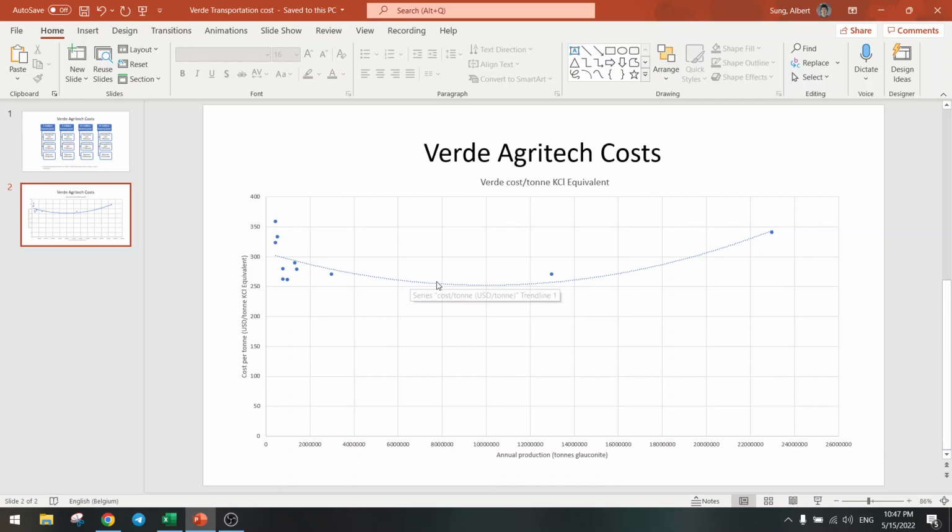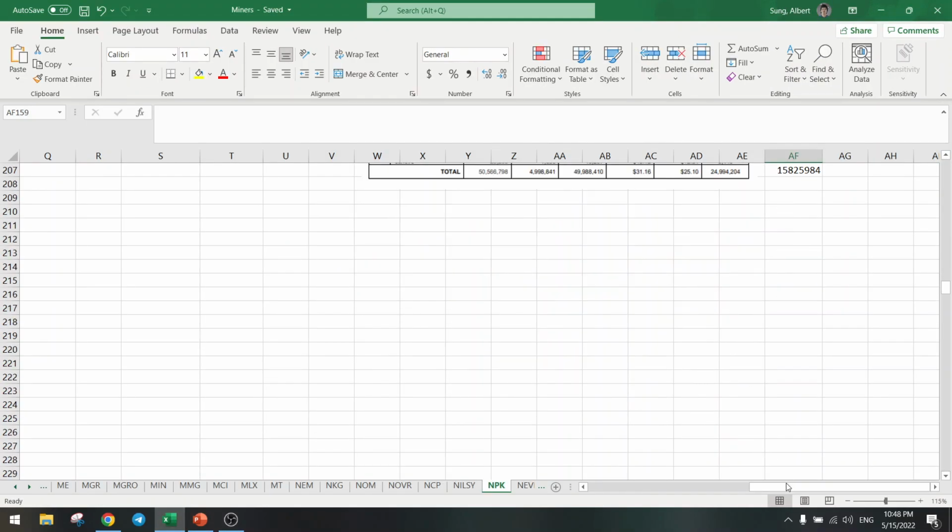So the cost will be rising a bit and eventually be 20% higher than our costs that we have here. Okay, it will be 20% higher.